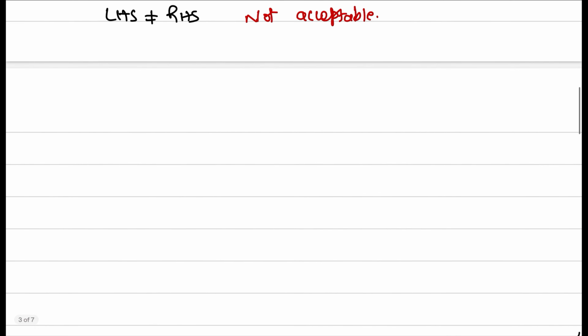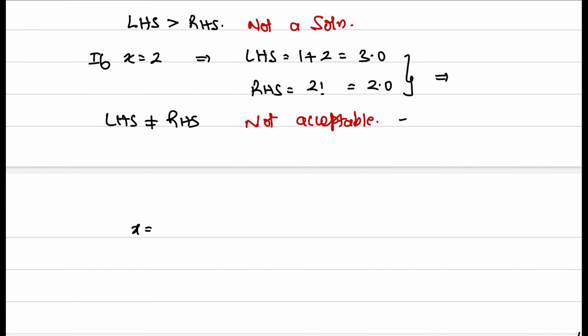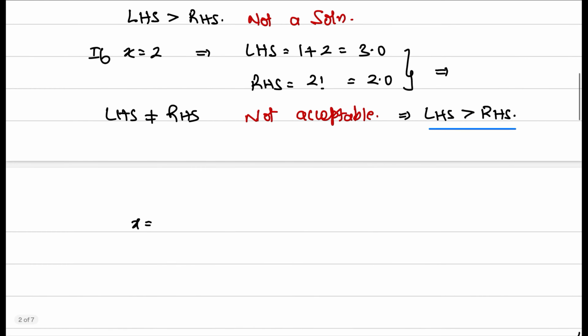Next comes x is equal to, here left hand side is greater than right hand side. Please make a note of it. Next comes x is equal to 3.